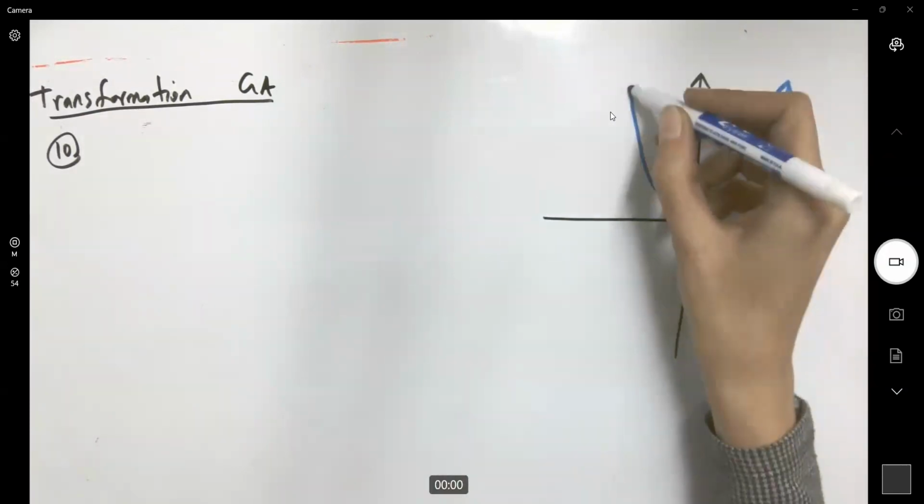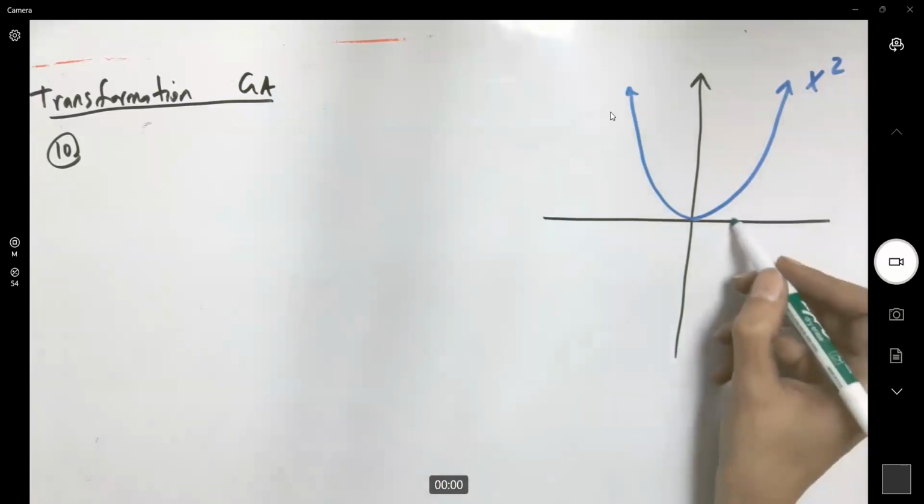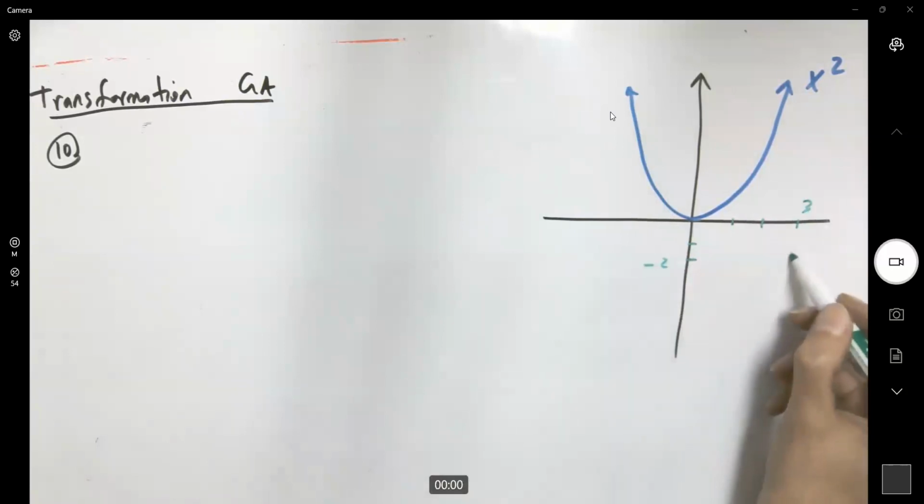This is my parabola, x squared, and your final answer needs to be this guy here. So I have 3 and 1, 2, 3, and -2.